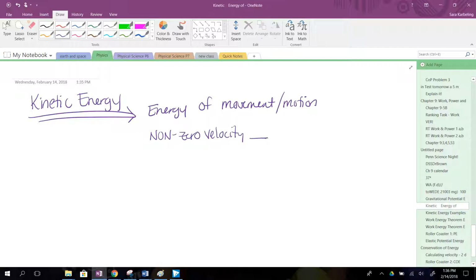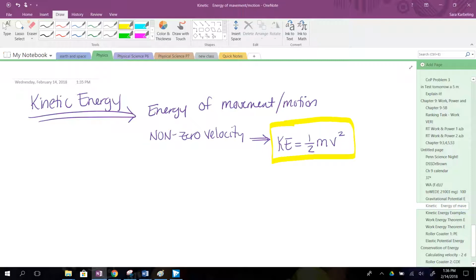And that's helpful in telling us what the equation is for kinetic energy. Kinetic energy is going to be marked KE and is equal to 1/2 of the mass times the velocity of the object squared. That's another big one we're going to put a box around.